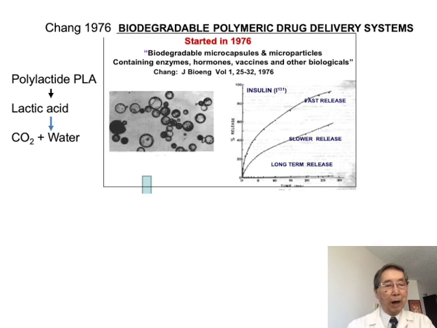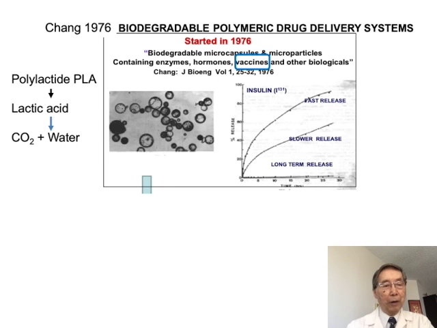At that time, I prepared nanoparticles or nanocapsules for enzyme, hormone, vaccine and biologicals. This is an example using insulin. You can adjust the nanoparticle, nanocapsule, microcapsule or microparticle to have different release rates, from very slow to very quick or intermediate.